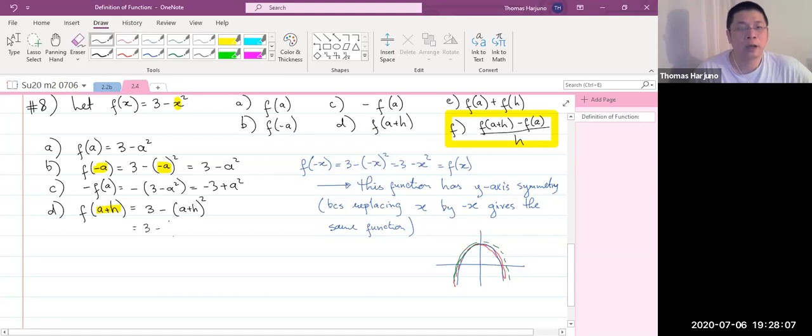Foil that, I get a squared plus 2ah plus h squared, which will give me 3 minus a squared minus 2ah minus h squared.